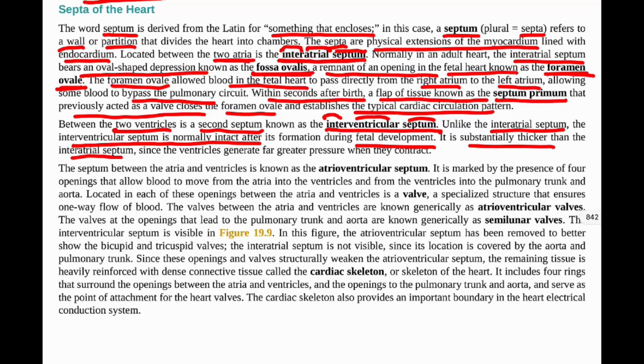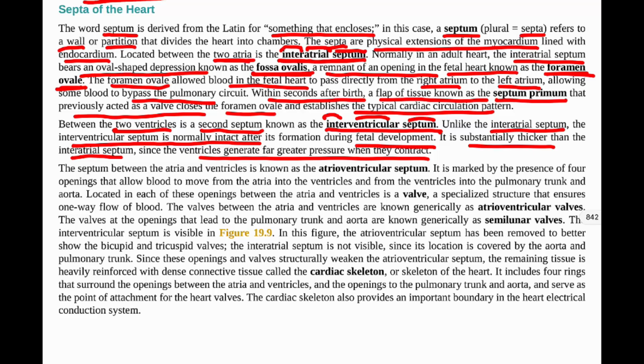The ventricles, however, are pushing blood either to the lungs or to the entire rest of the system. So the septum is much thicker than the interatrial septum. Then we have our septum between the atria and the ventricles, so between the top and the bottom chambers, and that's known as the atrioventricular septum.